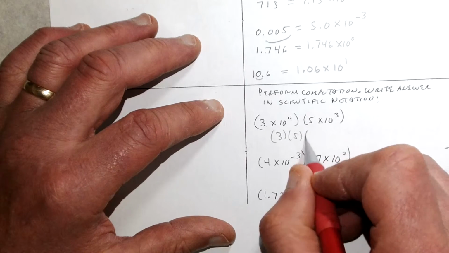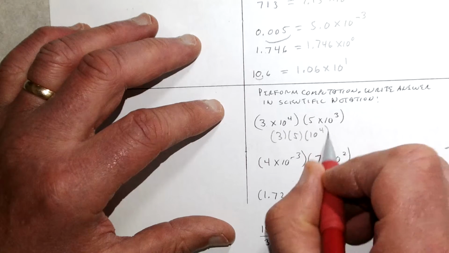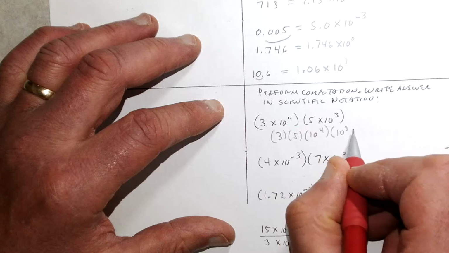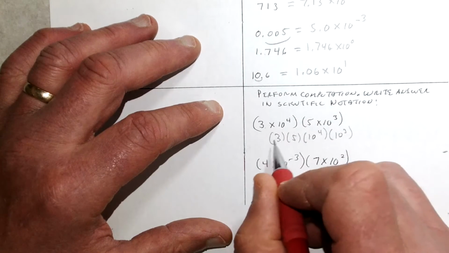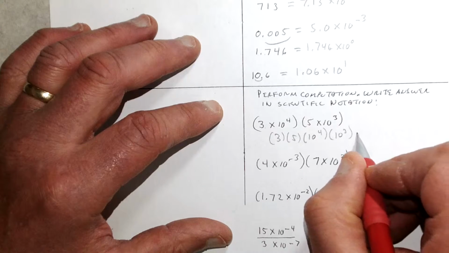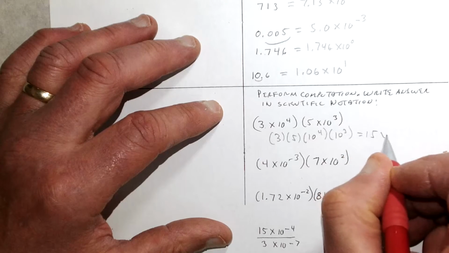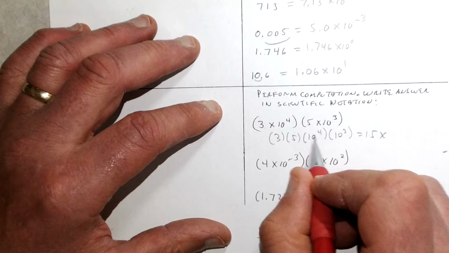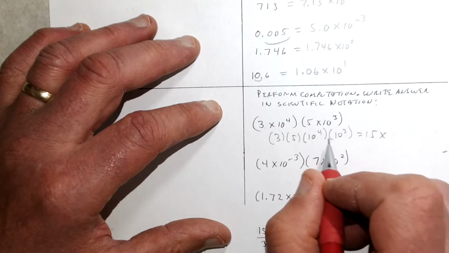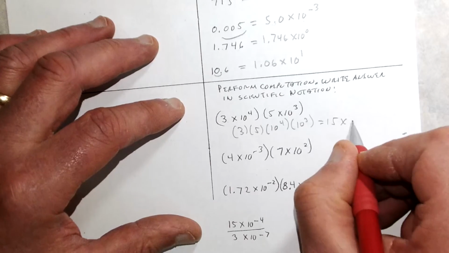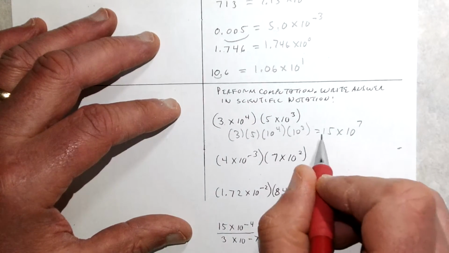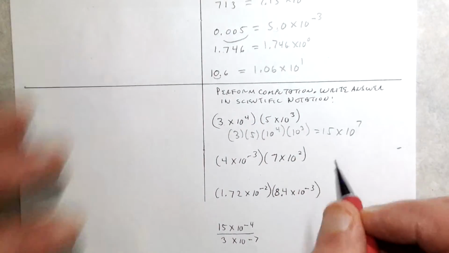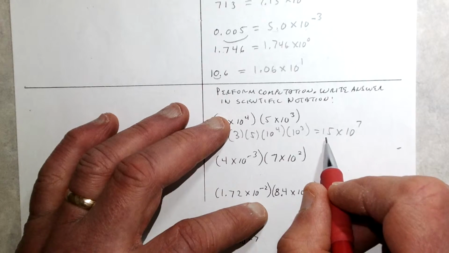So here's what I really have. Right? So what I can do here is I could say that's 15. And like bases, we add exponents when there's multiplication. So this is times 10 to the 7th. But that isn't quite scientific notation, right? That is not a number between 1 and 10.